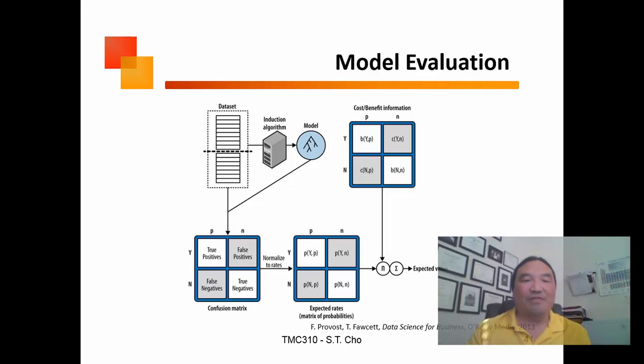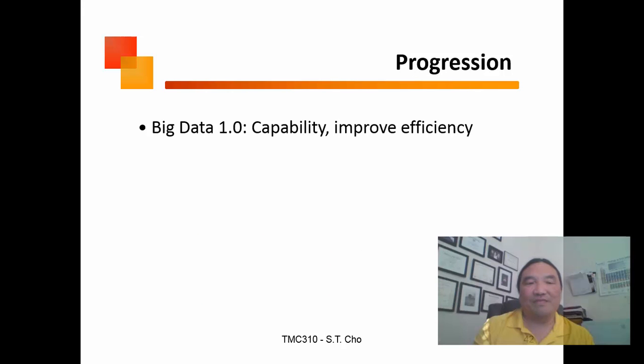Here's an example of how they go about model evaluation when you build a model. You look at, is the data real or do I have false positives or false negatives? Then I normalize it. Because I have a lot of data, I can look at that distribution of data, and I've created a probability distribution function. From that I can figure out what my cost benefit is.